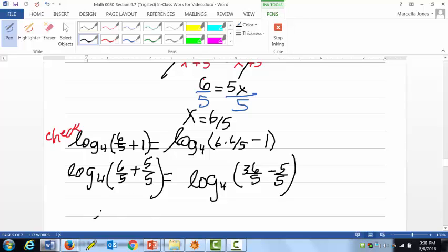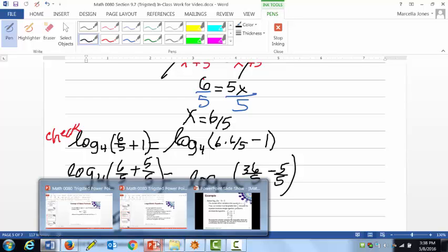Okay, so on the left we have the base 4 log of 11/5. And on the right, let's see here.